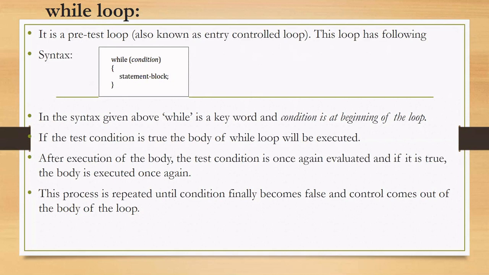In the syntax given above, while is a keyword and the condition is at the beginning of the loop. So if the test condition is true, only then the body of the while will get executed. After execution of the body, the test condition is once again evaluated, and if it is true, the body is executed once again, meaning until the condition fails, it will keep on repeating the statements.